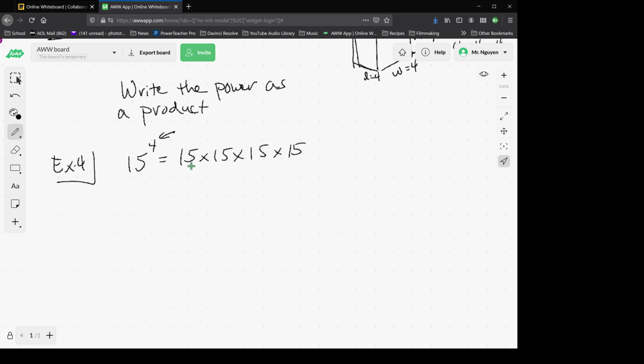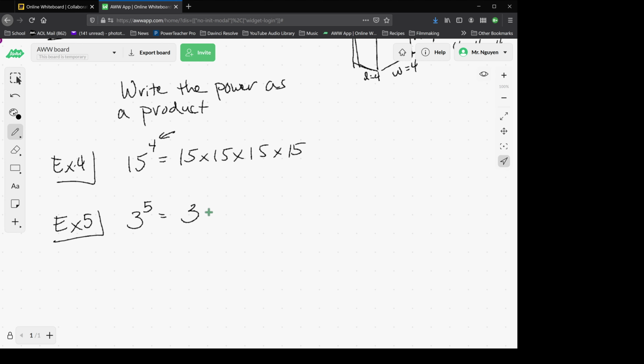Now, sometimes I'm going to ask you to multiply it out, and sometimes I won't. Let's try multiplying one out. And I'm not going to give you 15 because I'm not going to ask you to multiply 15 4 times. That's kind of absurd. So let's just say we have 3 to the fifth power. So we have 3, that's your base.